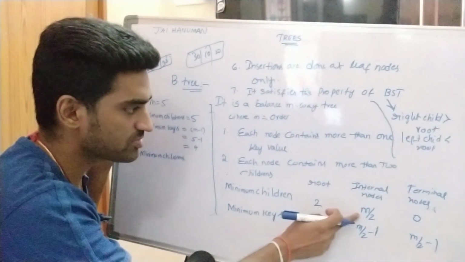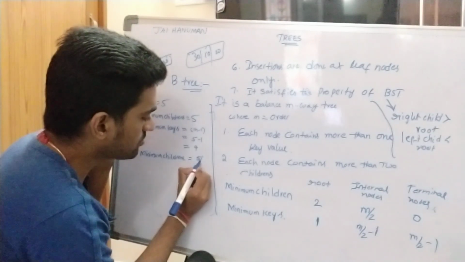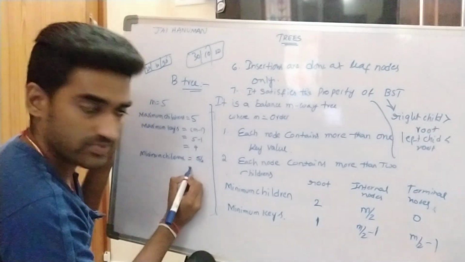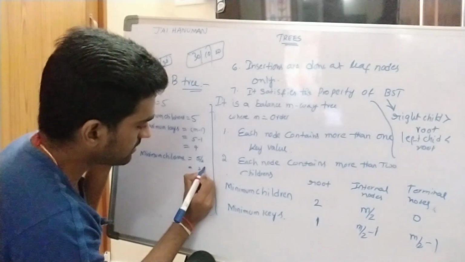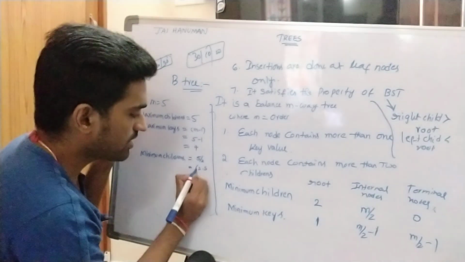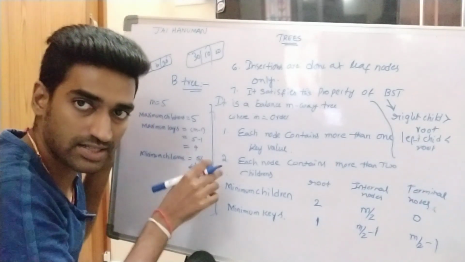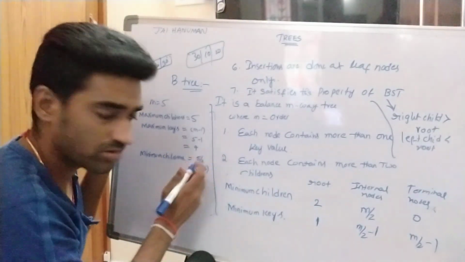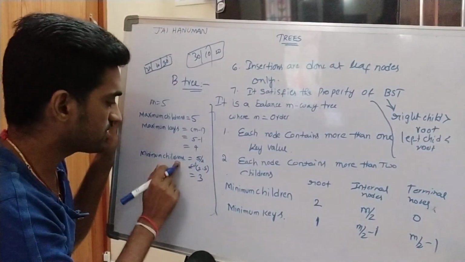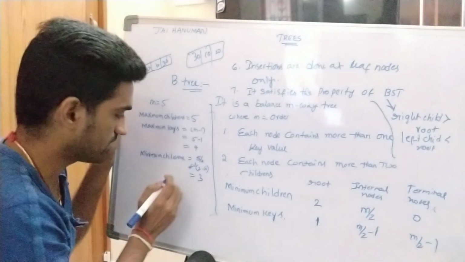For internal nodes, minimum children is m by 2, that is 5 by 2, which is 2.5. Here I am taking the ceil value, not the floor value. Floor gives the lower boundary, 2, and the higher boundary is 3. So minimum children is 3 for a fifth order B tree.